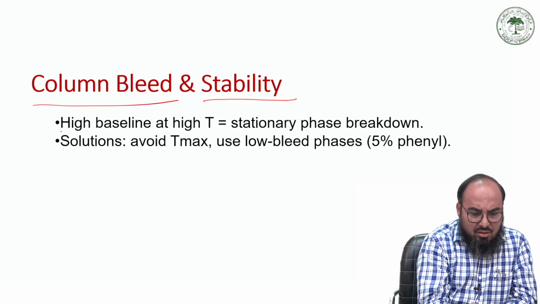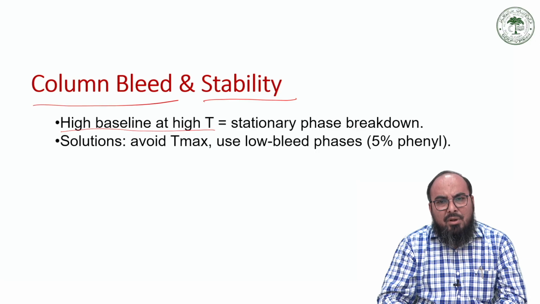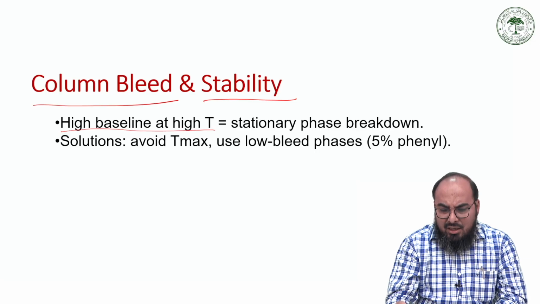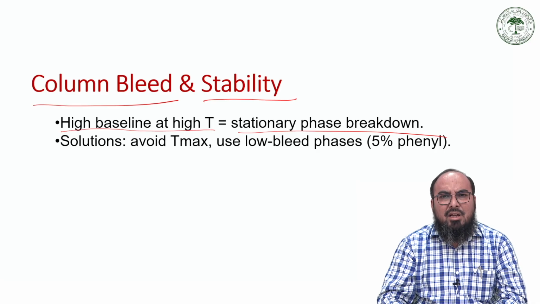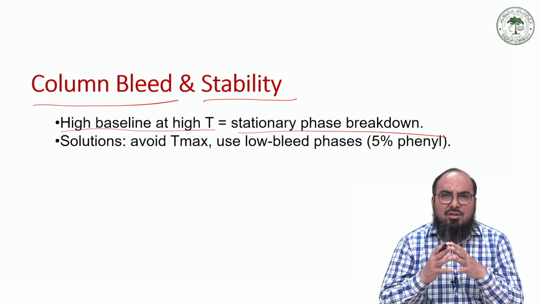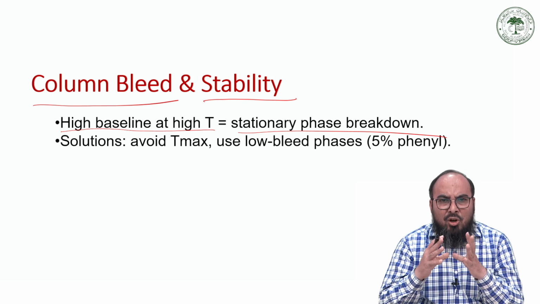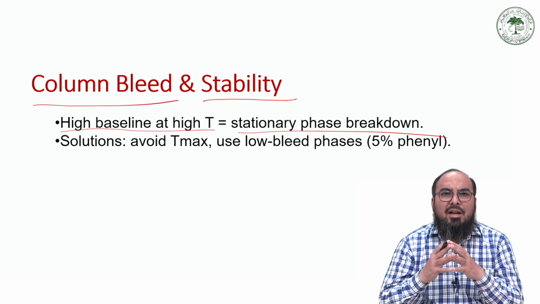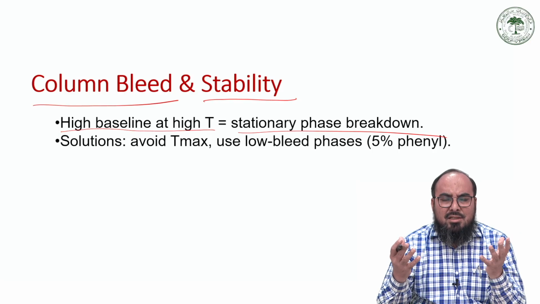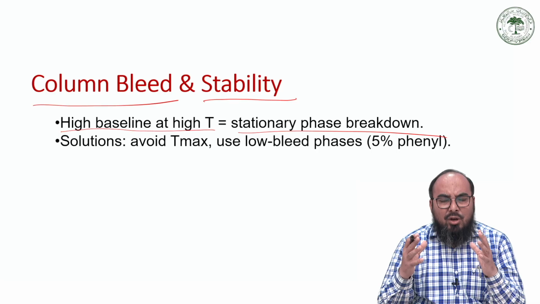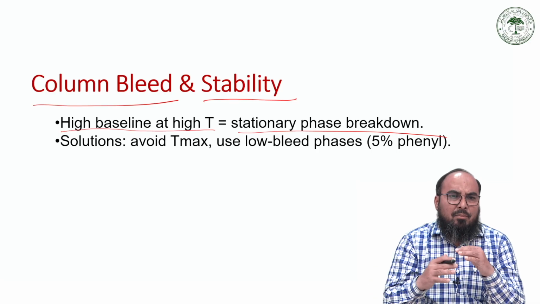So a high baseline gives you column bleed, and column bleed means that your stationary phase has broken down. It has become destabilized, and the stationary phase is no more uniform and no more spread uniformly. In that situation, you have to replace your stationary phase and for the next run, you have to work at a lower temperature.